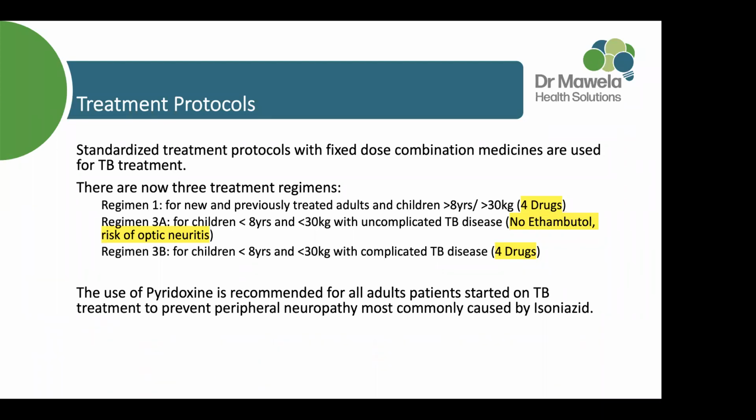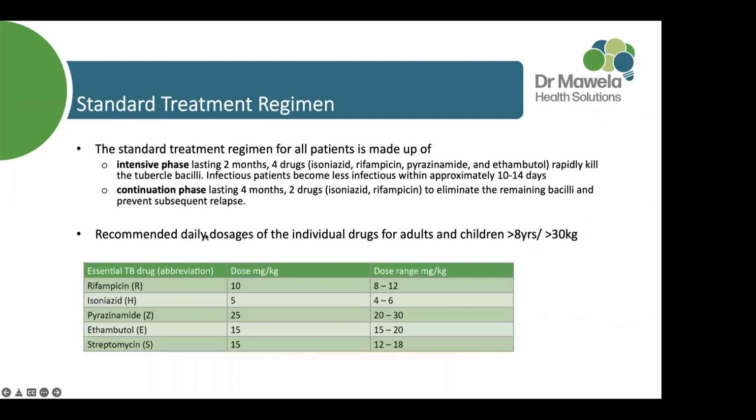But if the child has complicated TB like TB meningitis or TB of the spine, the benefits of treating that child with 4 drugs outweigh the risk of any eye issues that the child might experience. So just remember, with children, we can still treat with 3 drugs as long as they have simple pulmonary TB.